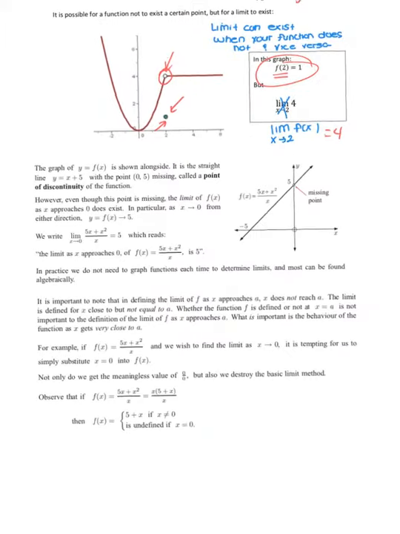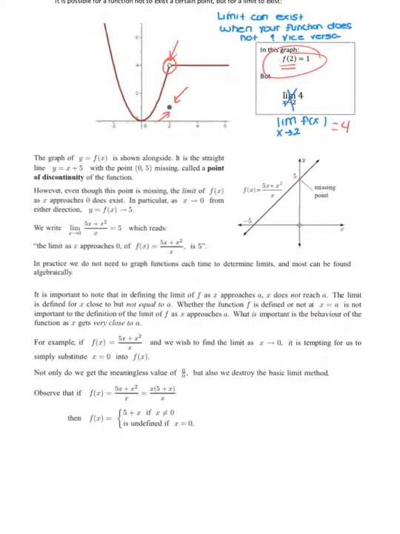The limit is defined for x close to but not equal to a. Whether the function is defined or not at x equals a is not important to the definition of a limit. What is important is the behavior of the function as x gets very close to a.